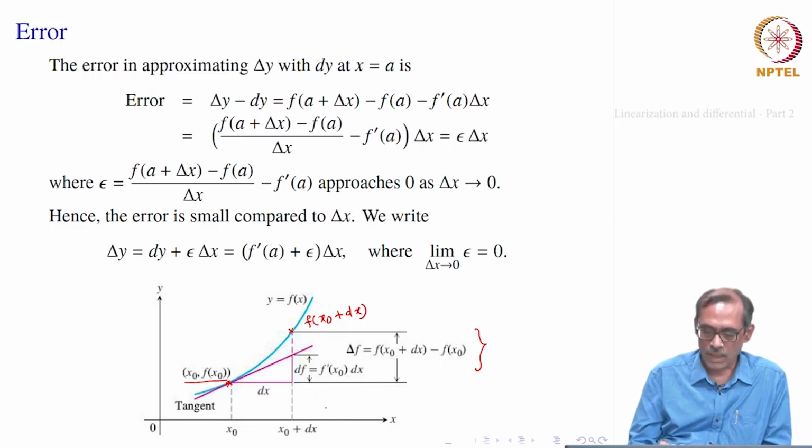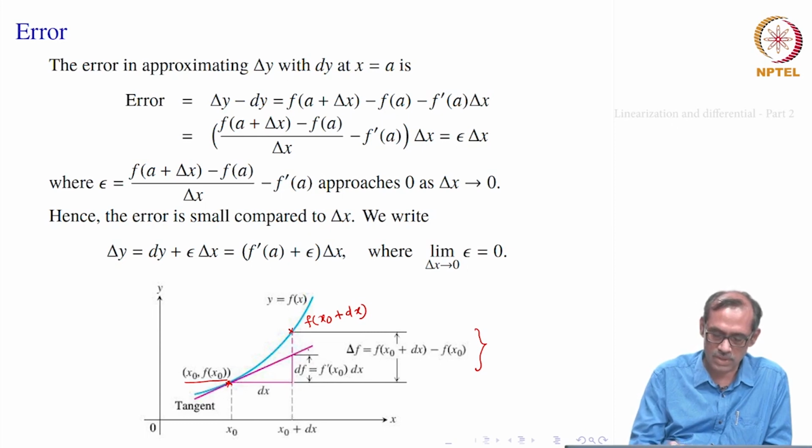Okay. And what is df? df is really f prime x 0 times the increment. f prime x 0 is really the slope. So, slope is this height divided by this dx. So, when you multiply that with dx, you would get df. df is really this height, this much.